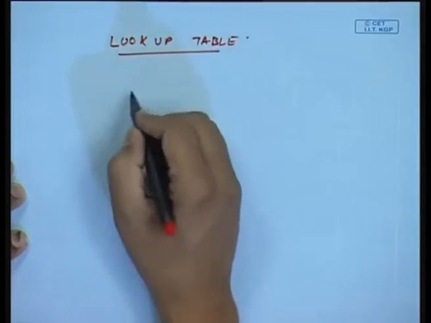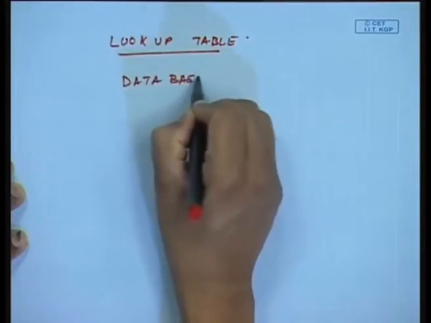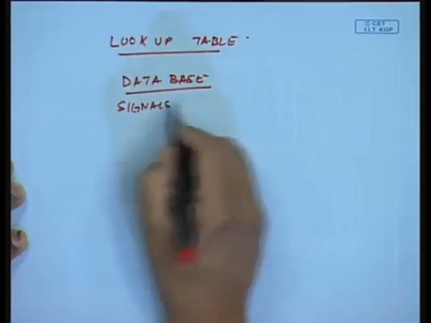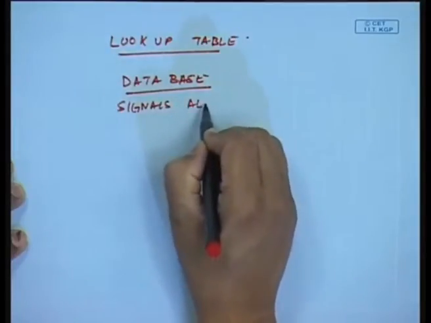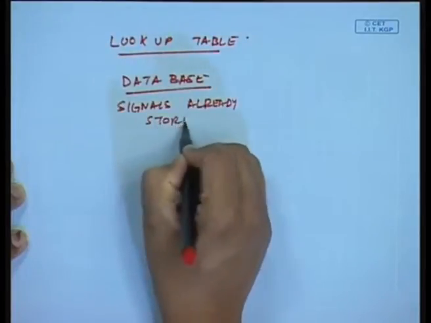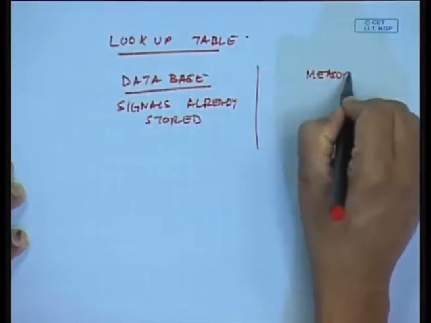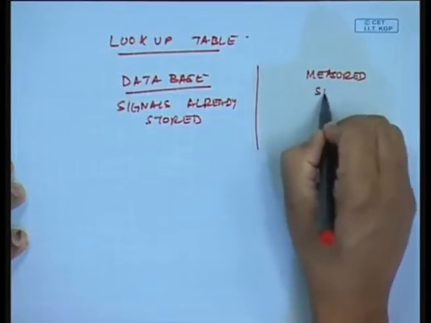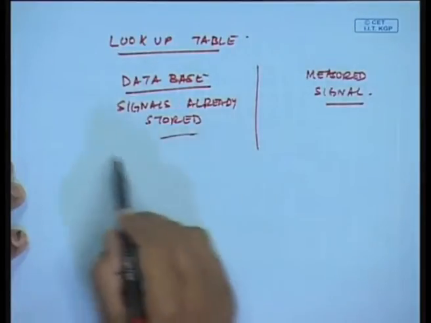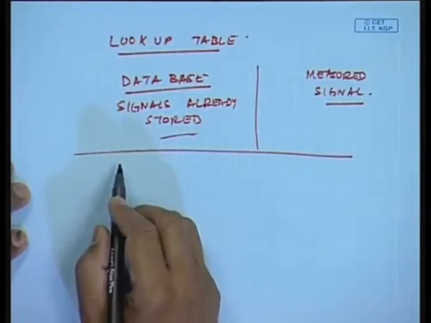We compare signals already stored in a database with the measured signal. If the deviations are large, we can pretty safely say a fault has occurred.